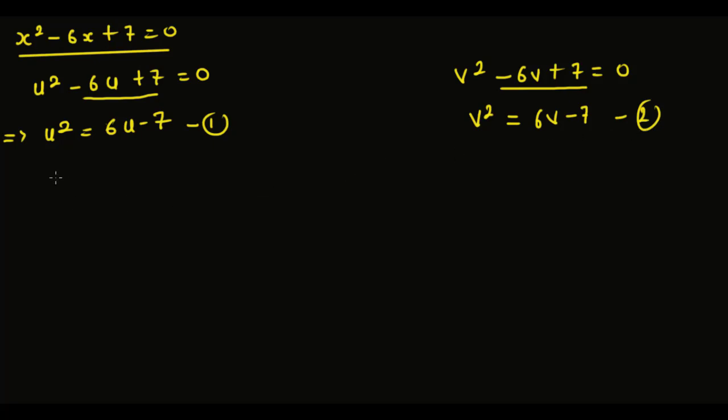For equation 1, we're going to multiply both sides of equation 1 by u raised to power n, where n is an integer such that n is greater than or equal to 0. So n is an integer greater than or equal to 0, means that we're going to start from 0, 1, 2, 3, 4, 5, 6, and so on.